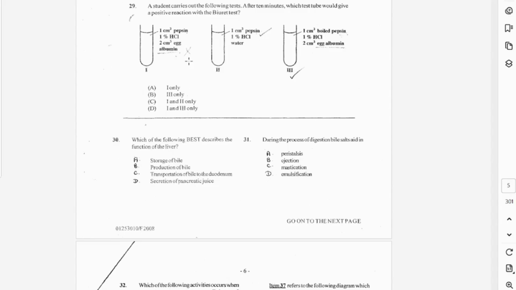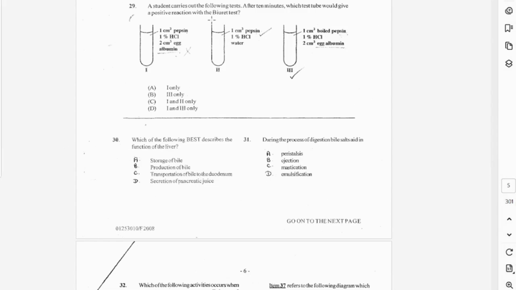We want a positive test for proteins. Remember that pepsin is a protease, meaning that it breaks down proteins into amino acids, right? So it starts breaking it down into shorter polypeptides.